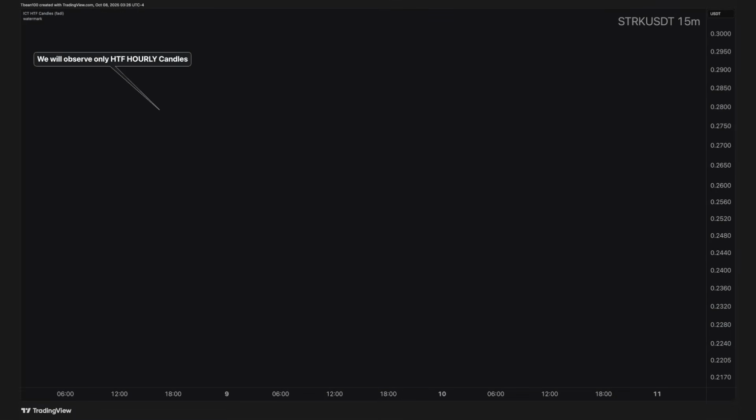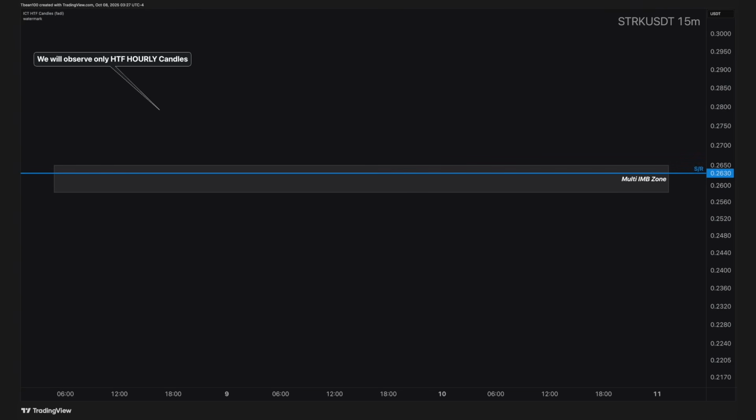Let's keep working on improving our eagle vision by focusing only on the hourly time frame candles to understand the market structure and price action. Once you spot an entry zone with several imbalances and possible support and resistance flips like this one here, what do you do next?